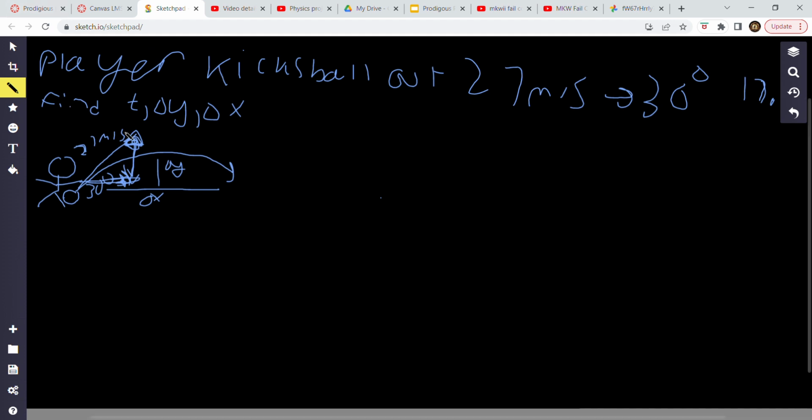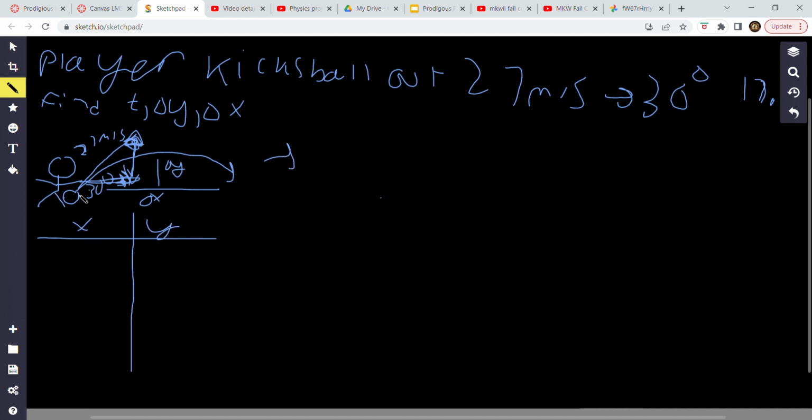We're given the 27 meters per second as the speed it's kicked at, so we know that's v naught, or v0. By doing that, we can use it to find the vx and the viy. So let's set up a little table, x, y, and let's go.